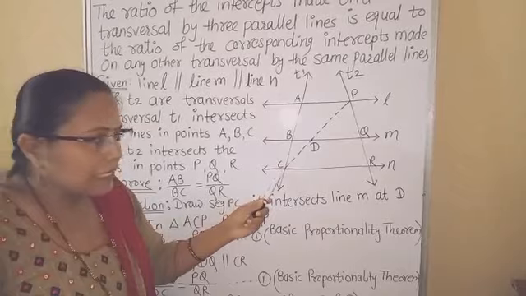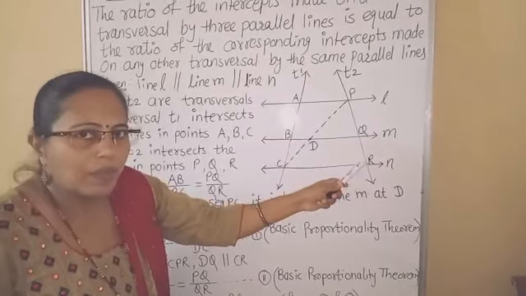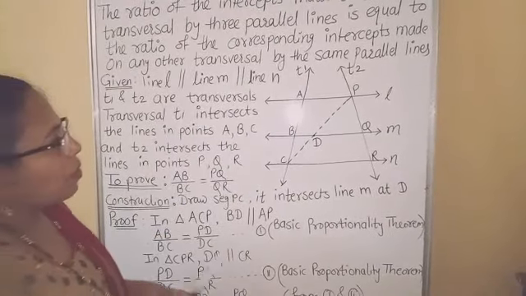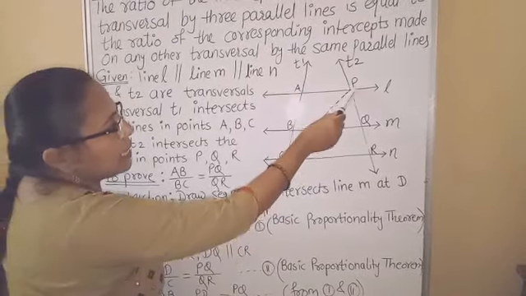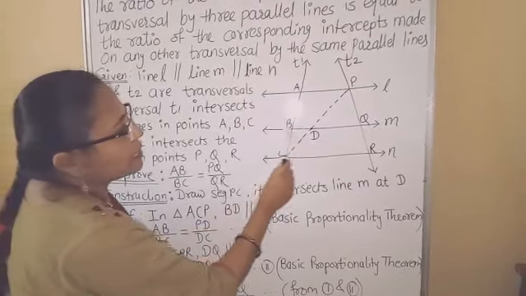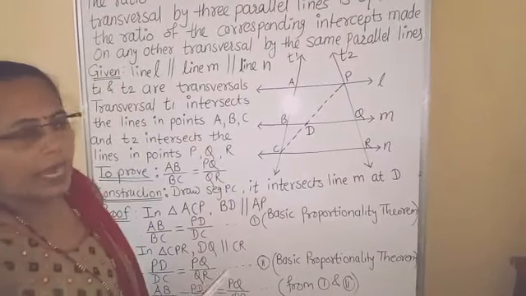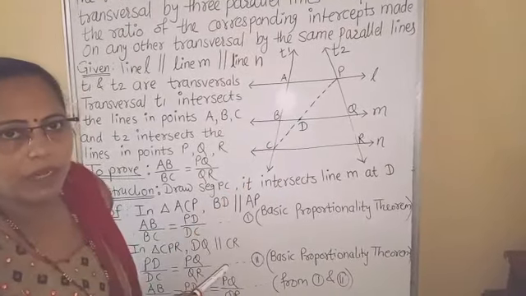AB upon BC equal to PQ upon QR. Now to prove this, we have to do construction. Draw segment PC. This segment PC intersects line m at point D. So that here we will get two triangles and we can apply basic proportionality.